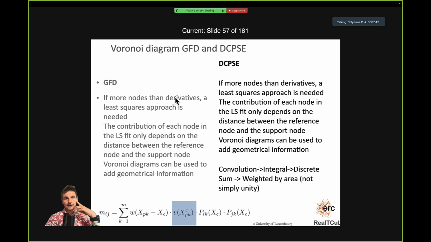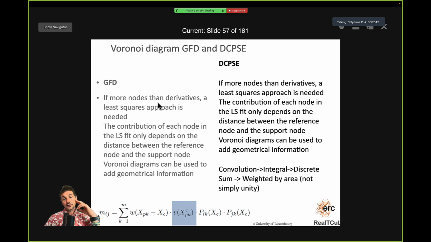Okay, so now what can we do with that? Let's look both at Voronoi diagram GFD, so where we have generalized finite differences, and the points in the generalized finite difference are distributed using a Voronoi diagram, which is a very well-known approach which is dual to Delaunay triangulation, tessellation.